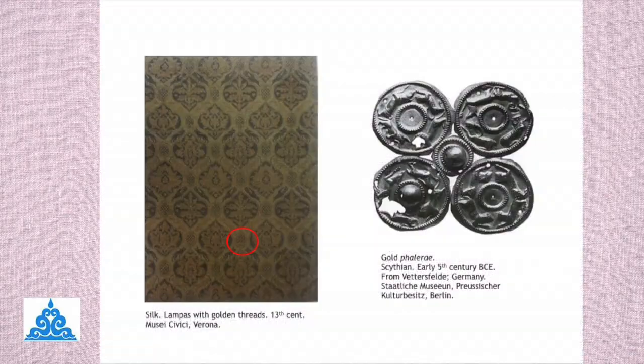Similar small animals are also depicted in a second well-preserved textile discovered on the bottom of the Ark of Cangrande, recalling the sequence of animals like those on a Scythian phalera dated to the 5th century BCE.